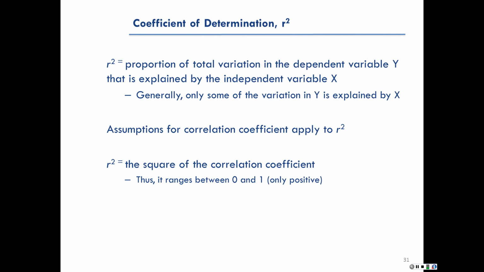Note, however, that because we're taking the square, the coefficient of determination is only positive, right? The correlation coefficient ranges between -1 and +1, but when you take the square of that, it can only be positive. So it ranges between 0 and 1 for the coefficient of determination. Also, you should note that the same assumptions that apply to the correlation coefficient also apply to r squared.